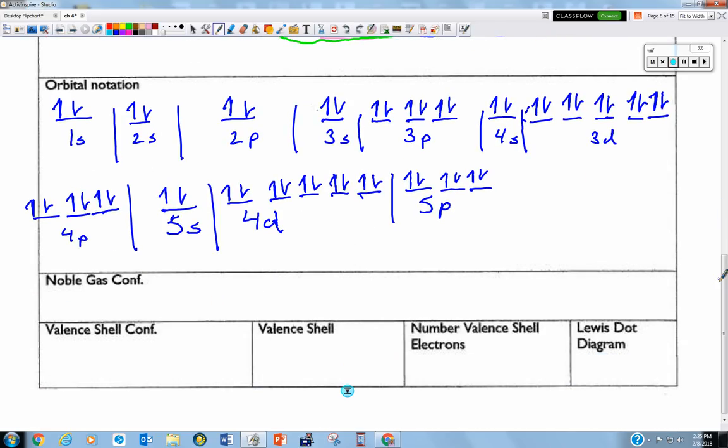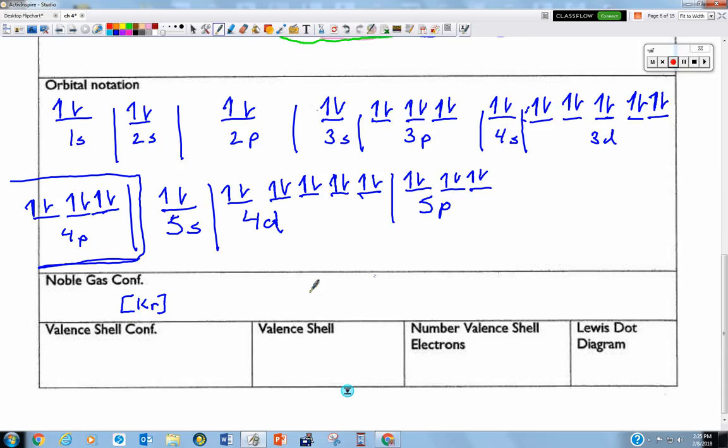Looking at noble gas configuration, again, you want to look at the noble gas that is immediately above xenon. You cannot use the noble gas that it is, because that doesn't tell us anything. So just above xenon we have krypton, and that represents everything up to that 4p.